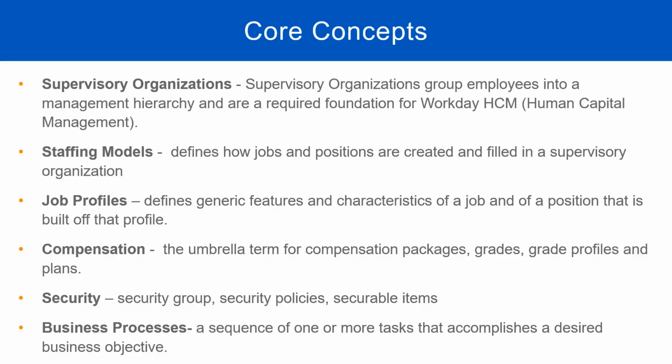And all of these tasks will not be performed by the same person or the same group of persons, it will be done by different groups of persons. So we will see how we can configure the business processes in Workday. Okay. So these are your 6 core concepts.